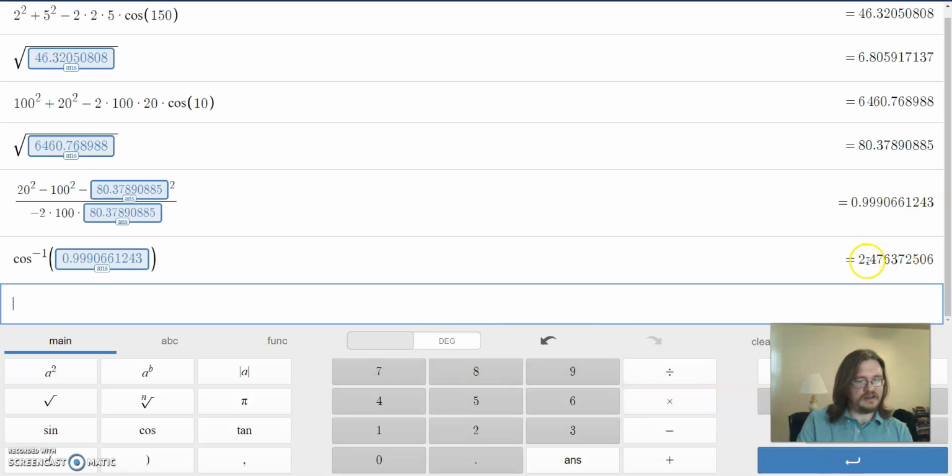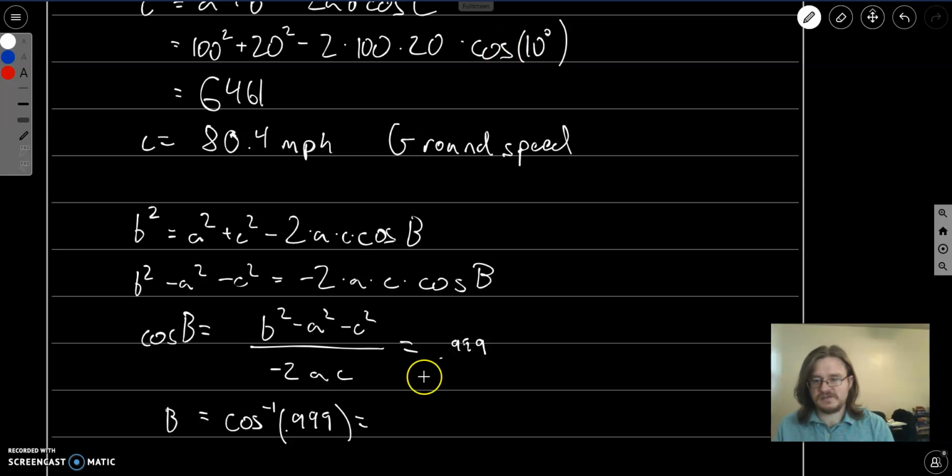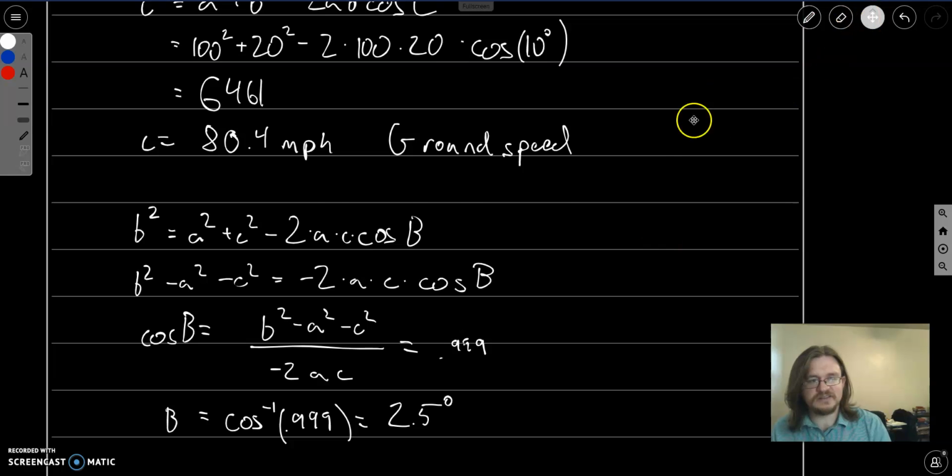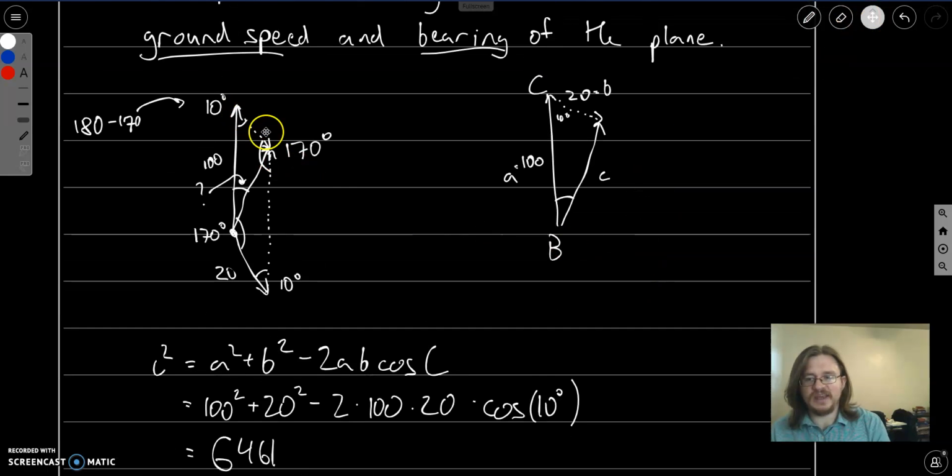And if I round it to the nearest tenth, this is going to be 2.5. So that's 2.5 degrees. So the plane hasn't been pushed very much off of due north. It's only going 2.5 degrees to the east.